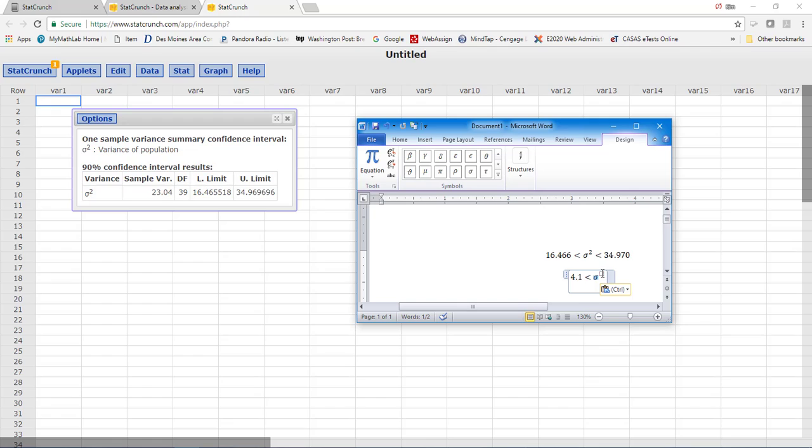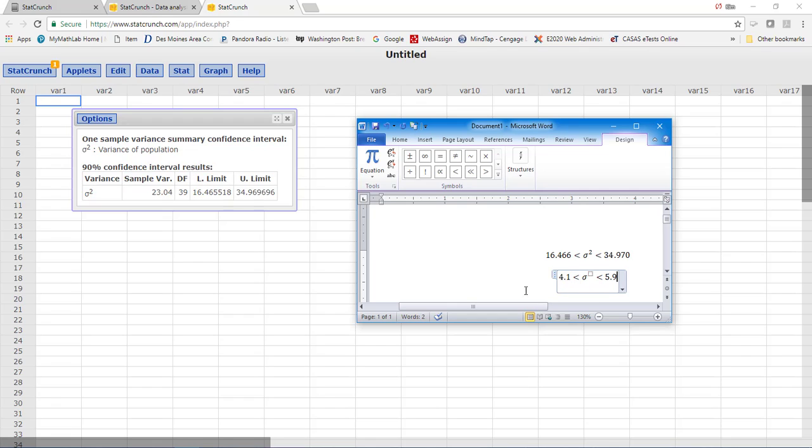When you don't have it where you want it, just drag it into the box. Oh, there would be no squared there. So I'll just leave it blank. And I want to do less than again. And the square root of 34.70 is 5.89, which rounds to 5.9. So that's how I would write it for my standard deviation.